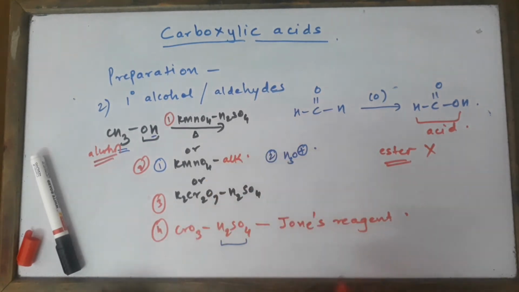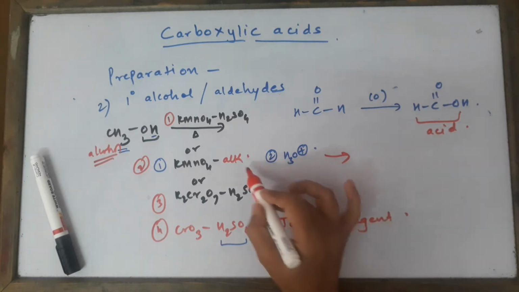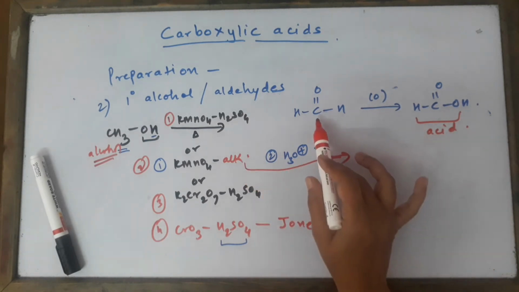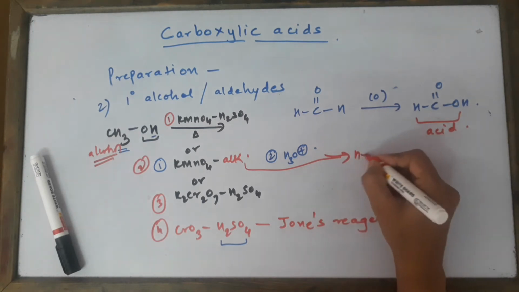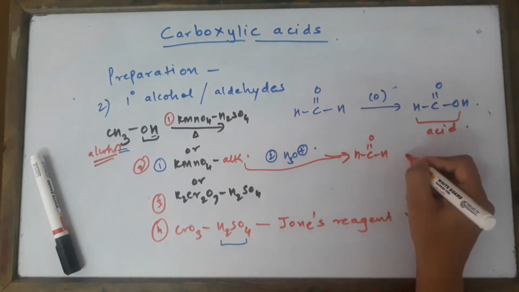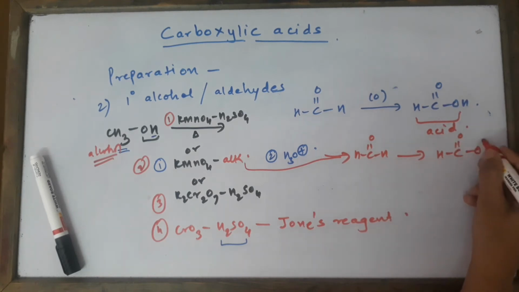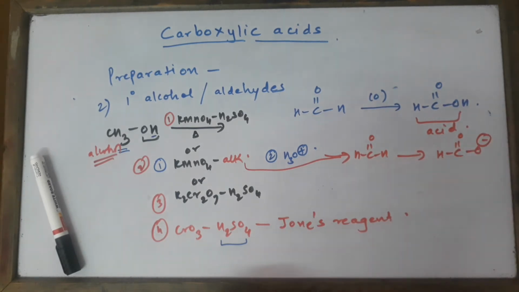So this method I'm going to use here, the alkaline KMnO4 method, because when you react the alcohol with alkaline KMnO4, you'll of course be getting an aldehyde first, and finally the aldehyde will get converted to a salt, isn't it? It is not going to get converted to acid.